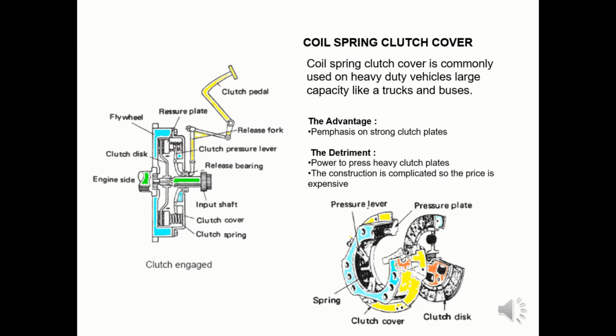This type of clutch cover uses coil-shaped springs. The springs can be adjusted in height and installed between the clutch cover lid and the pressure plate. The advantage is emphasis on strong clutch plates, and the detriments are the power needed to press heavy clutch plates, and the complicated construction, so the price is expensive.